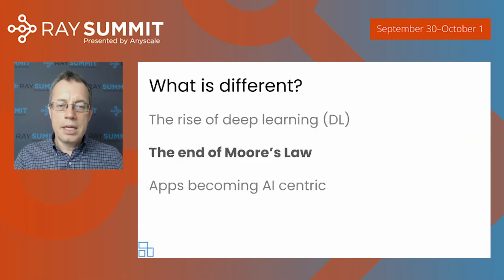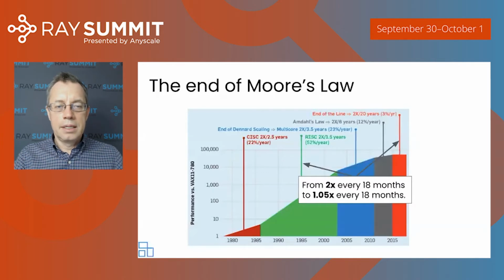On the other hand, Moore's law has ended. Indeed, as shown here in another famous plot, the performance of a single processor core used to double every 18 months. Now, it increases by just a few percent over the same time period.